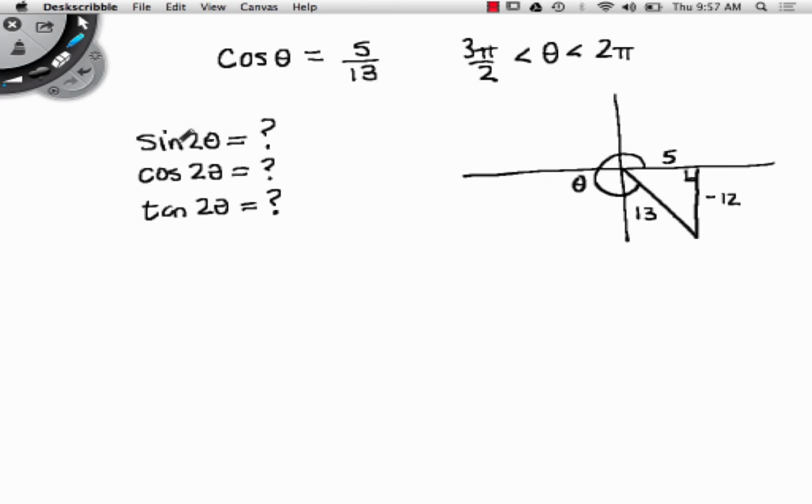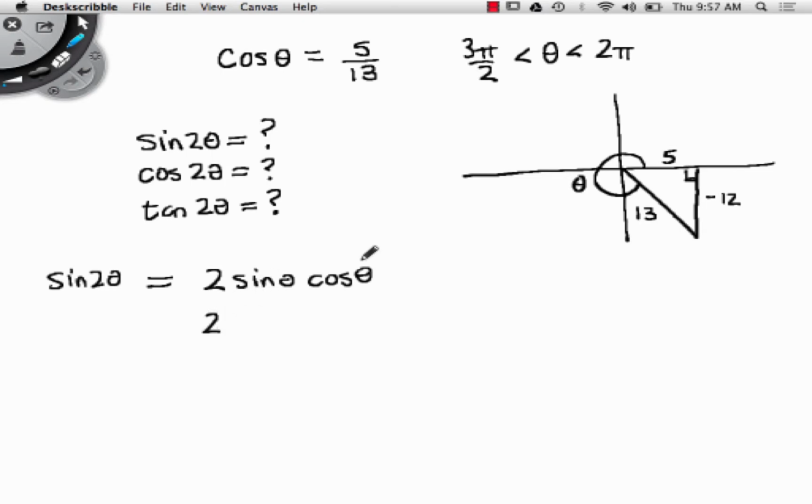Now, we can find this next because we know that the sine of 2 theta is the same as 2 times the sine of theta times the cosine of theta. We now know that that's true. And the sine of theta, what is that?